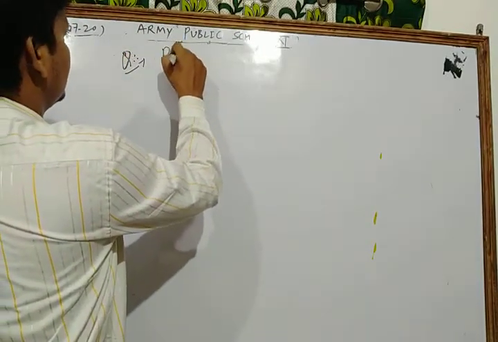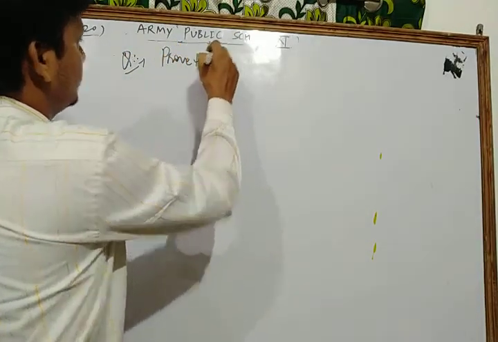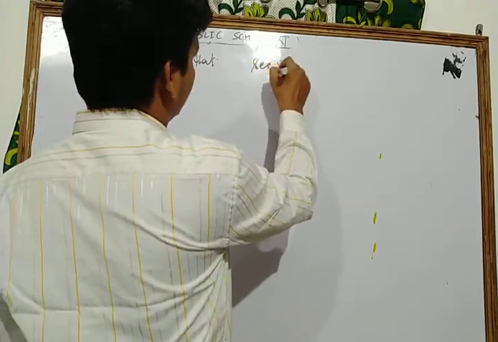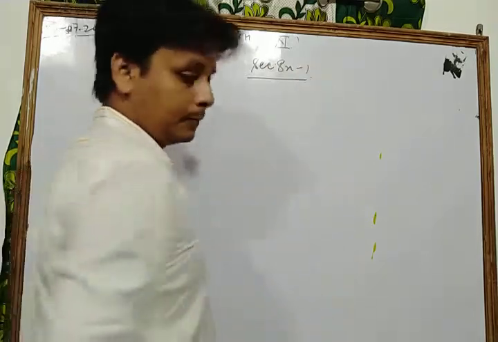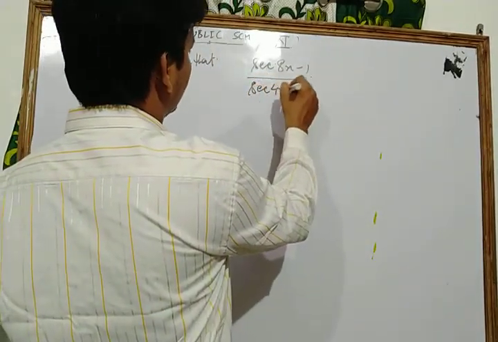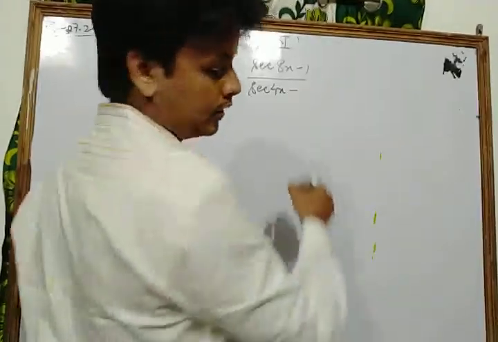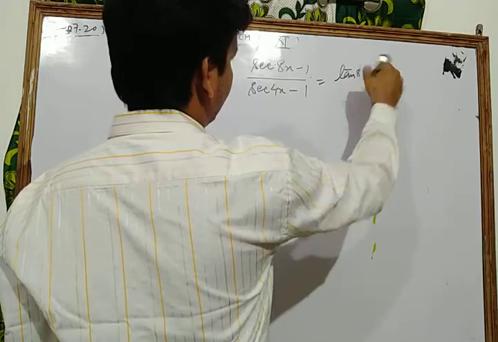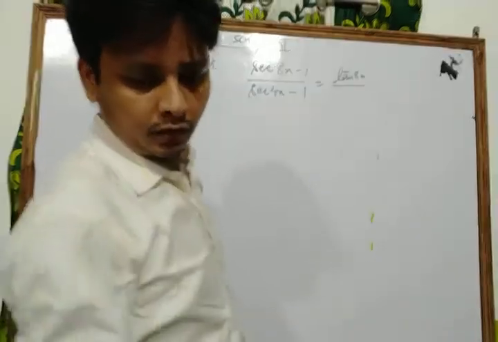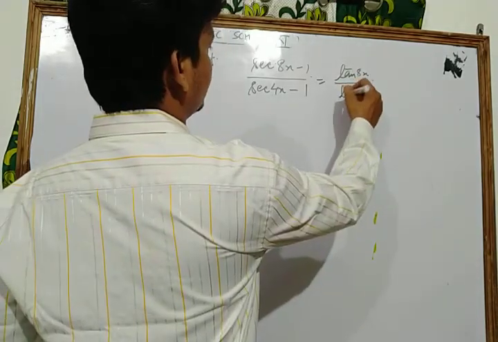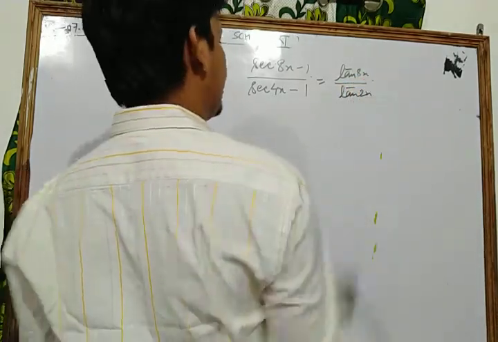Prove that sec 8x minus 1 upon sec 4x minus 1 is equal to tan 8x upon tan 2x.